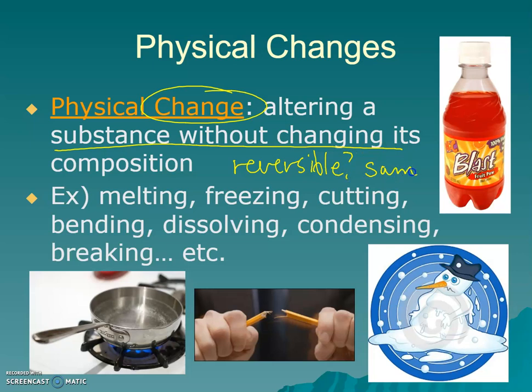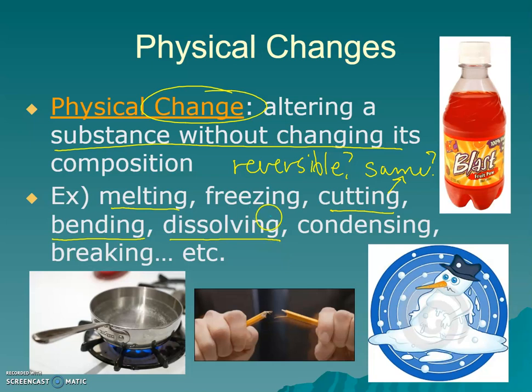It doesn't really change what it is. Like if you melt an ice cube, it can be refrozen into ice. Or if you cut a piece of paper or some bread, now it's the same, it's just in two different pieces. You can bend something, you can dissolve something, but guess what? You can extract the water and you can dry it out.